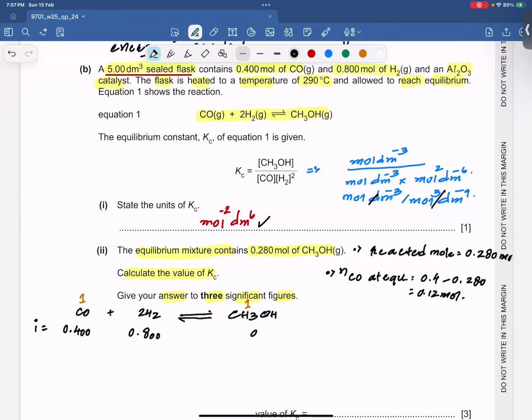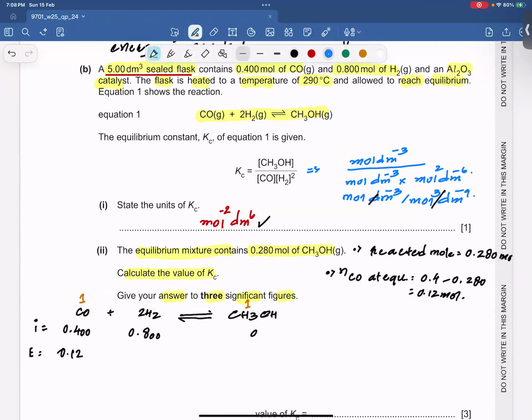So at equilibrium, the amount of carbon monoxide left is 0.12 mole. See, carbon monoxide and hydrogen have a 1:2 ratio, right? So if 0.280 moles were reacted from carbon monoxide, let's find out how much hydrogen should react during the reaction.